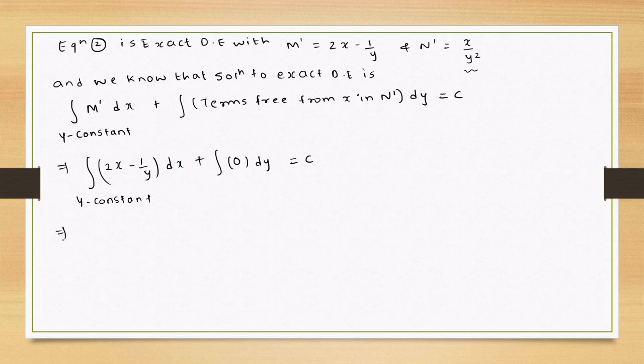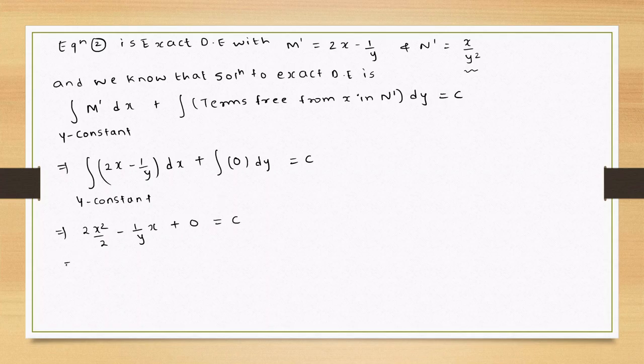Okay. So 2x ka integration with respect to x is 2x square by 2 minus 1 upon y constant. 1 ka integration is x plus 0 is equals to c.